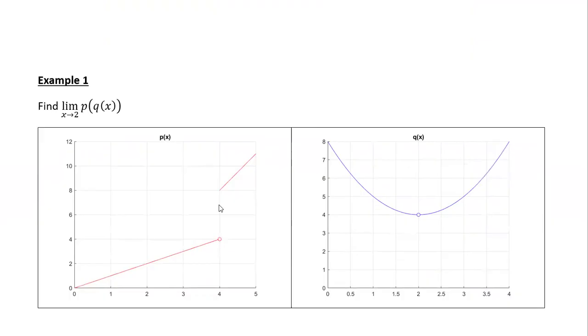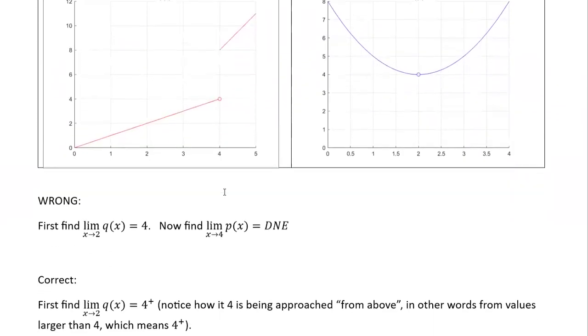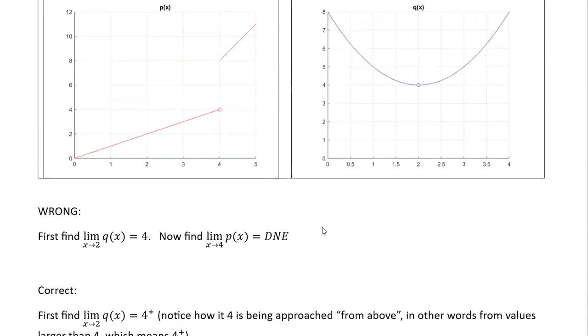And they don't connect the dots of why when you approach from above, you approach from the right. Here's my explanation. As x approaches 2 of q of x, as I just said, we're approaching 4 from above, but why is it 4 plus, 4 from the right? Let's understand that we're approaching 4, but it's always values bigger than 4.